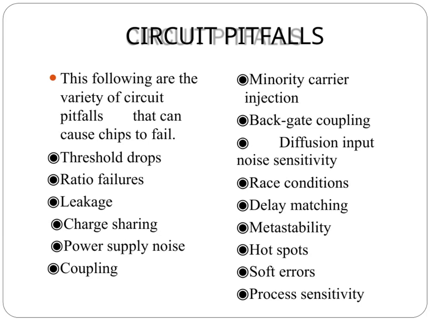Now, let's take a closer look at common circuit pitfalls that can lead to chip failures. These issues are critical to understand when designing reliable electronics. First, threshold drops occur when the transistor's switching threshold shifts, which can cause improper operation. Ratio failures happen when the sizes of transistors in a circuit are not balanced correctly, leading to functional errors.